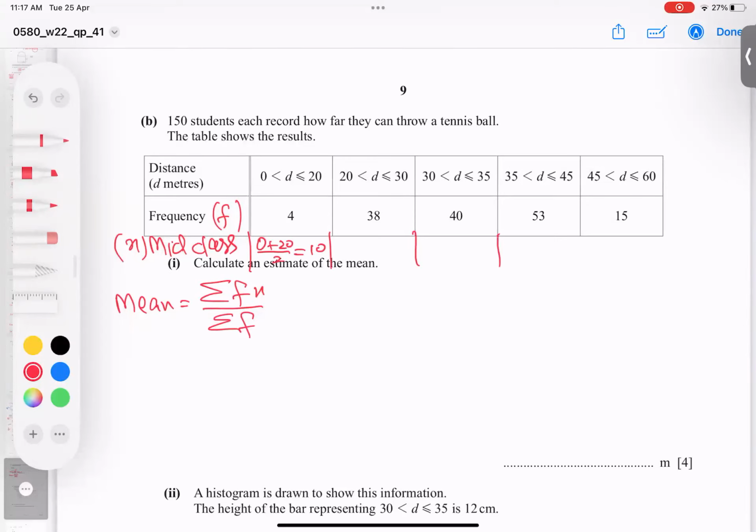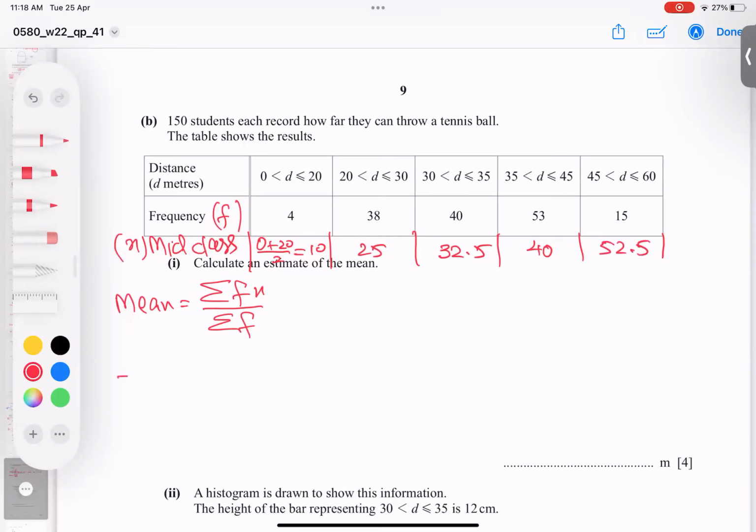I will find all like that, but I will not show the working now. 20 plus 30 is 50, divided by 2, I got 25. 35 plus this, add and divide by 2, always divide by 2, 32.5. 45 and 35 add, I got 80, so I got 40. And here 60 plus 45, and when I check divide by 2, it is giving us 52.5.